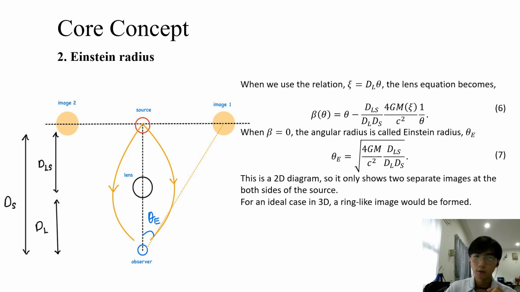Secondly, in the special case where the source lies exactly behind the lens, beta equals 0. So we solve equation 6 for theta, and the angular radius theta is called the Einstein radius, theta subscript E, as shown in equation 7.